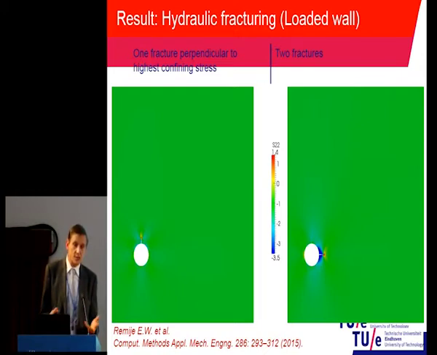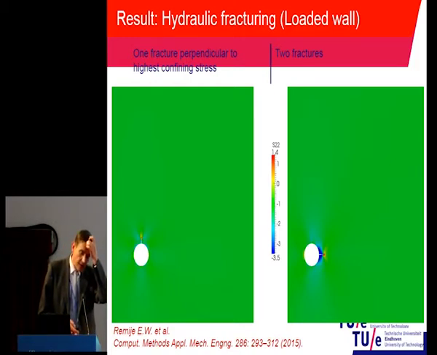Now, this analysis showed a separate code for mode 2 and one for mode 1. Now, we've been thinking how to handle hydraulic fracturing for mixed mode, mode 1 and mode 2.